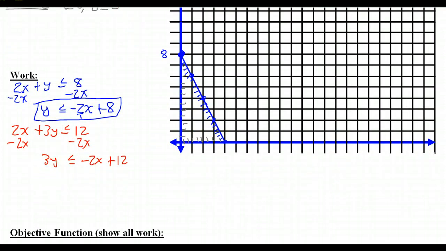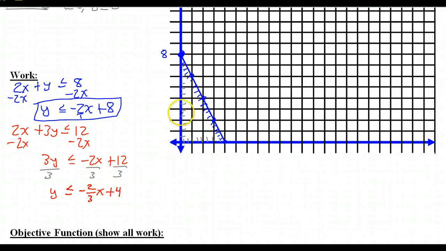If I divide everything by 3, that's going to give me y is less than or equal to negative 2/3 x plus 4.